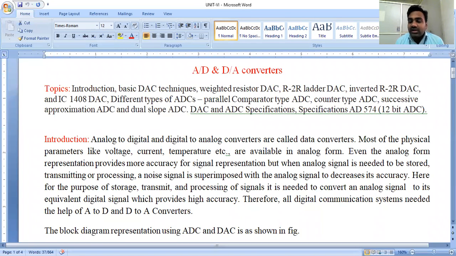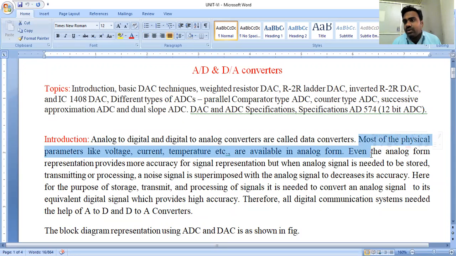In the introduction, from the point of view of real world applications, voltage, current, temperature and most things are available in analog form. What are the electrical physical quantities?